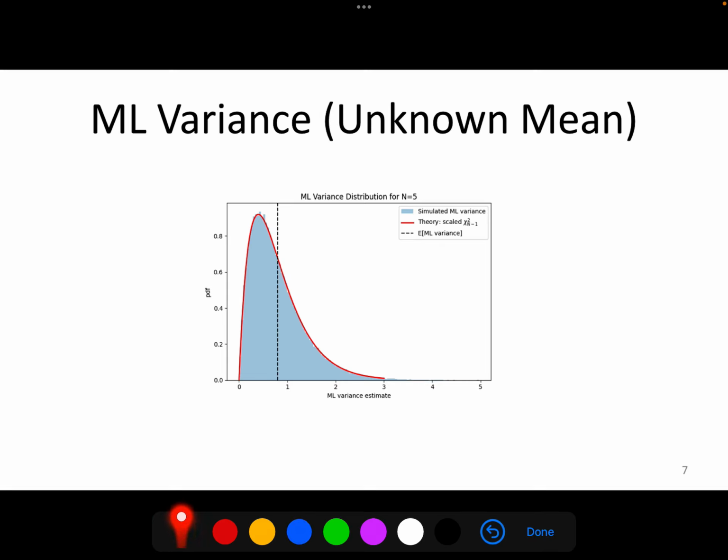Here is the simulation result. The histogram of the maximum likelihood estimator, the blue one, is cleanly shifted left. In this case, the mean of the maximum likelihood estimator when n equals 5 is 4 divided by 5, which is 0.8.